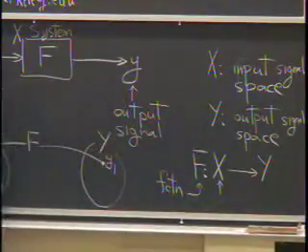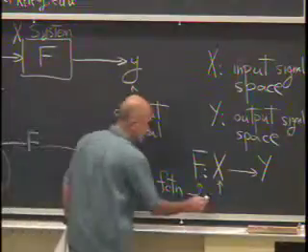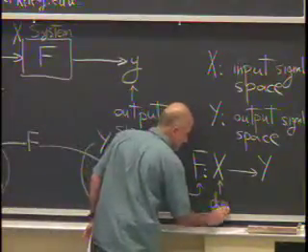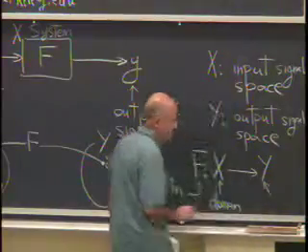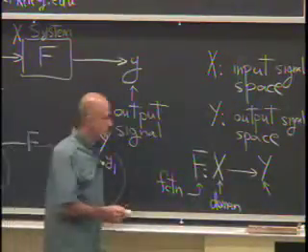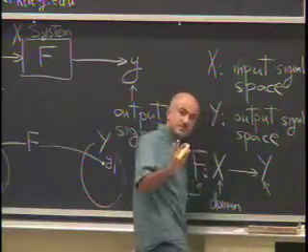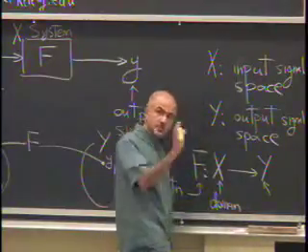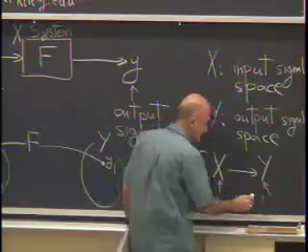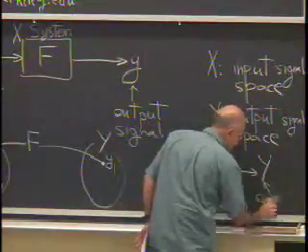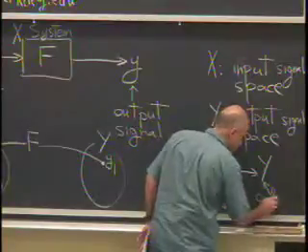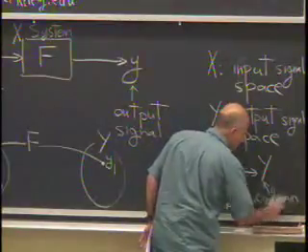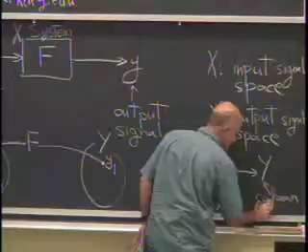Remember from your math courses that a function has a domain and a range or a codomain. And I know a lot of you math freaks want to distinguish between codomain and range. We don't care about those things in this class. You can call it whatever you want, or range.